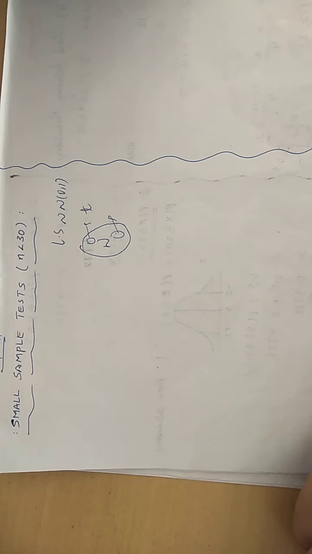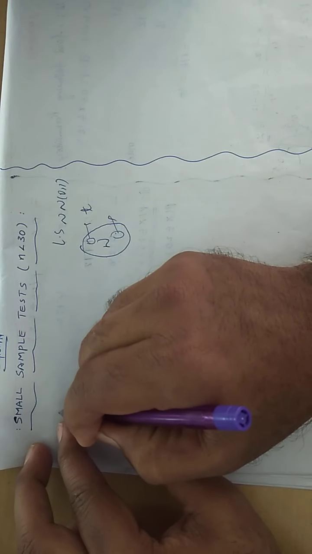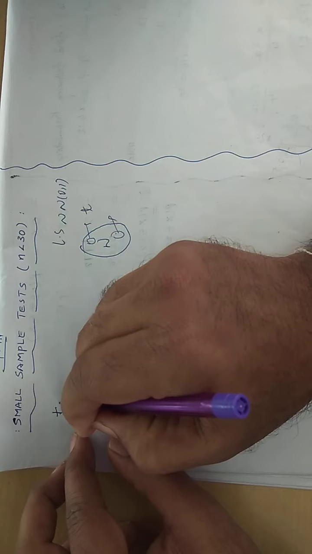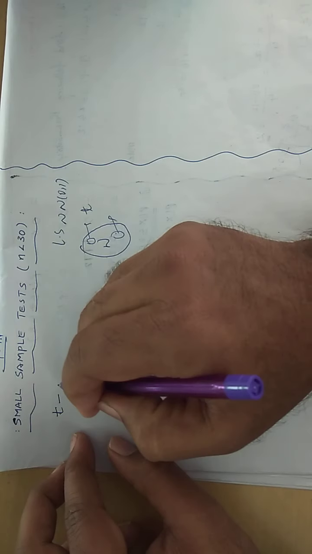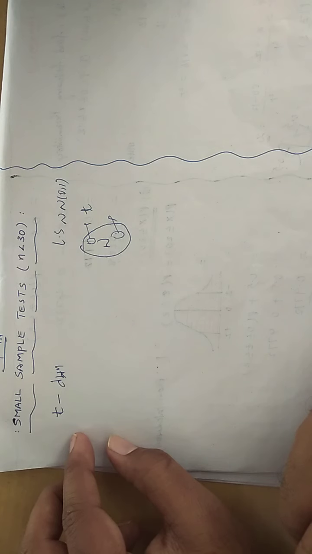From the normal distribution population you are going to draw the samples for the study. Getting my point? Now, as far as the small sample tests are concerned, we are going to understand exclusively the t-test. This t-test is based upon the t distribution. Yesterday we were discussing x bar minus mu by s by root n minus 1, the t distribution.